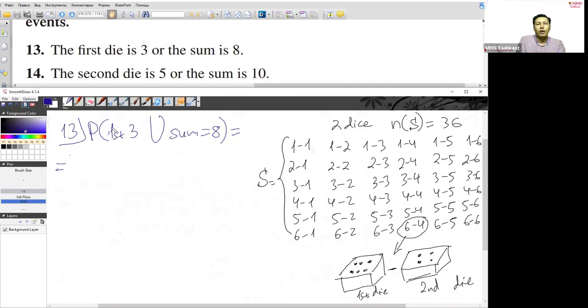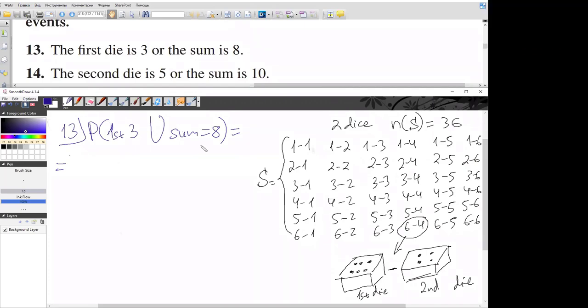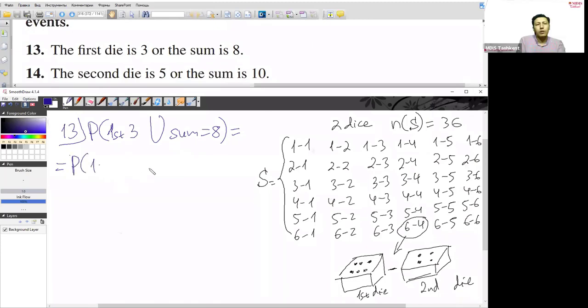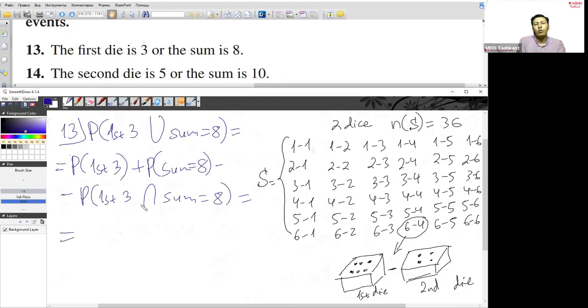Instead of E and F, we have these two events. So first 3 plus sum 8 minus first 3 and at the same time sum is 8. So we are using the second formula here.